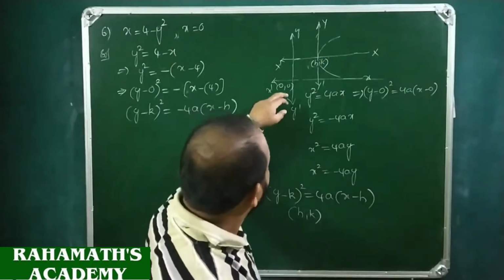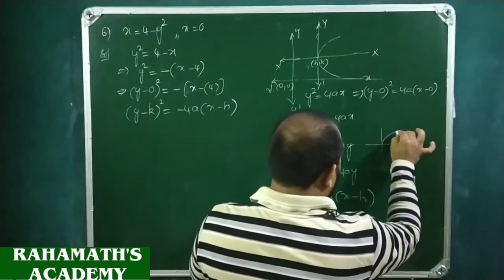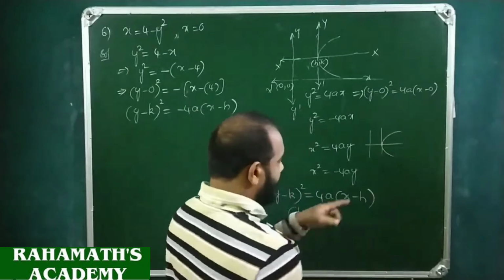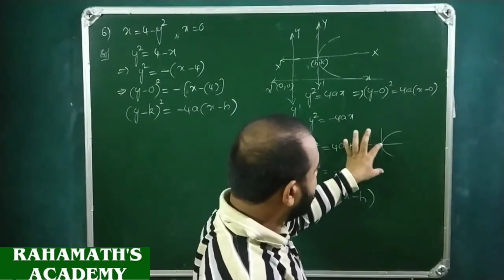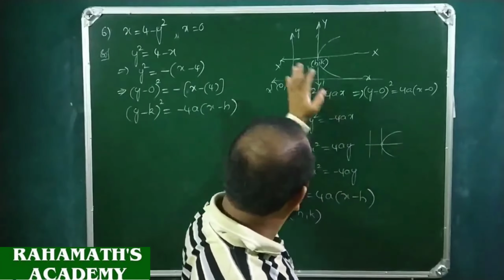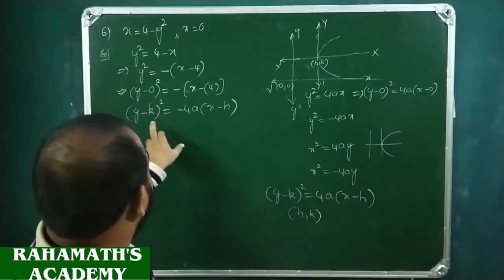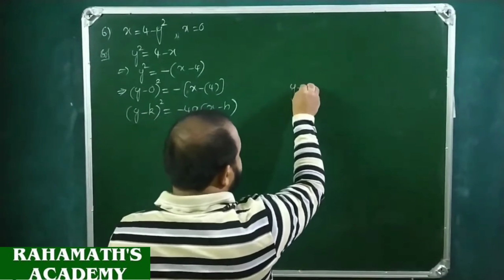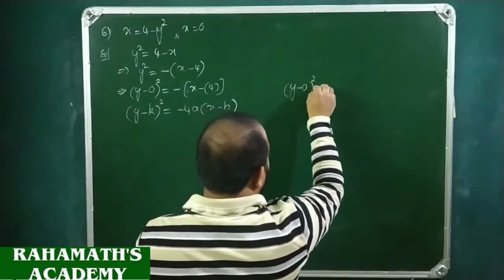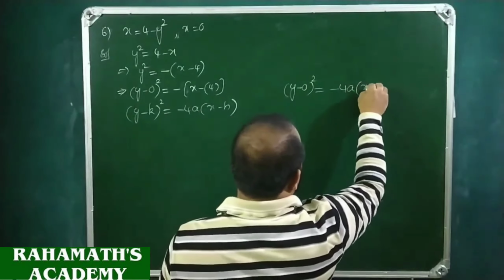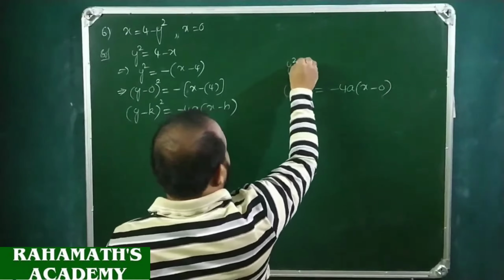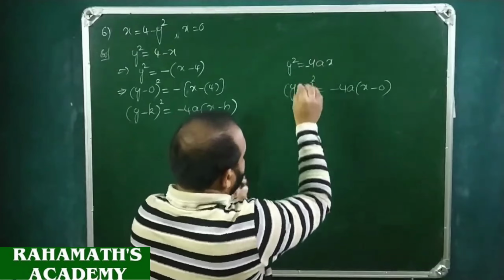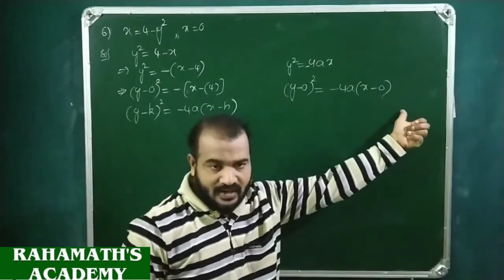So for this parabola, let us compare. Y minus k whole square equals minus 4a into x minus h. Y minus 0 whole square equals minus 4a into x minus 0. So this is nothing but y square equals minus 4x; the parabola can be written like this.